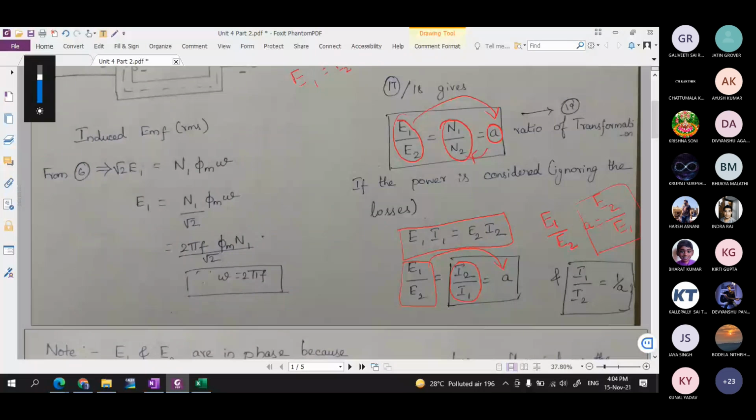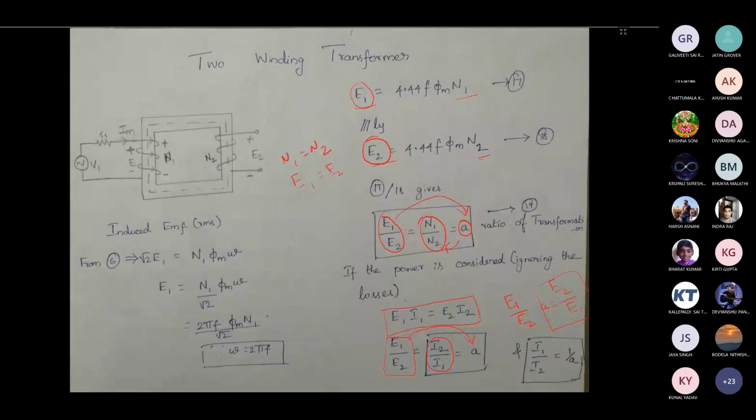E1 by E2 is equal to I2 divided by I1 is equal to A. You can also say that I1 by I2 is equal to 1 by A. Here it is I2 by I1, so I have mentioned it as A. If it is I1 by I2, I can represent it as 1 by A, provided I have taken E1 by E2.